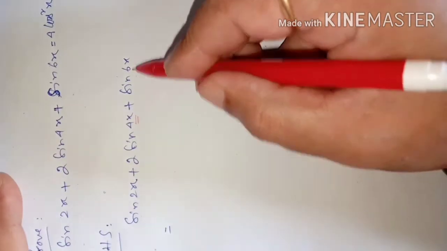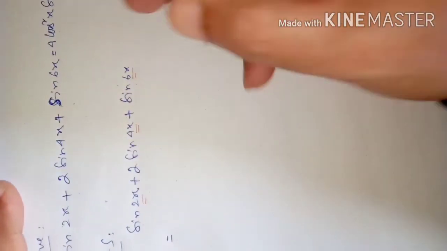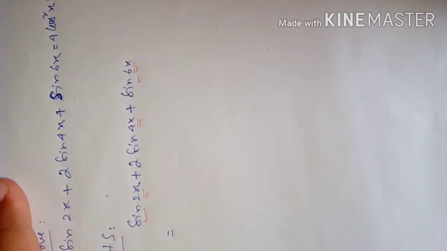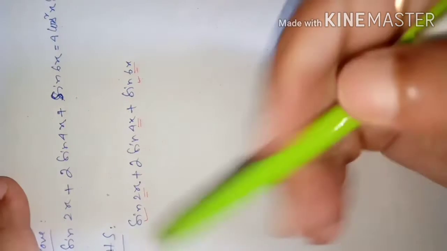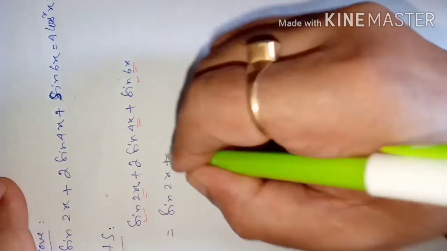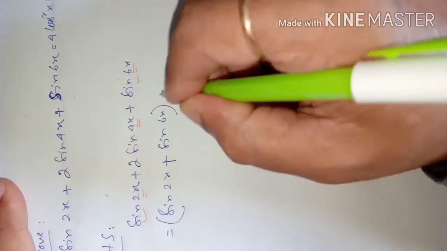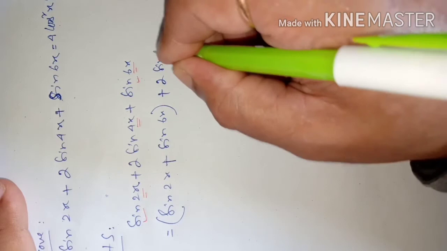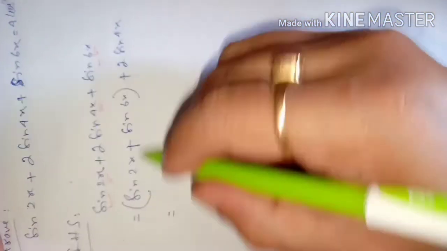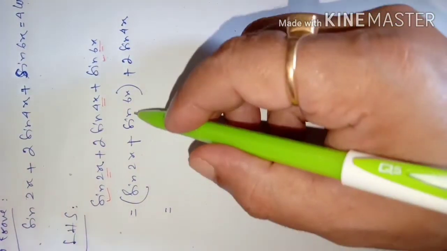So then 6x and 2x we don't need here. So let us combine this sine 2x with sine 6x. It can be written this way: sine 2x plus sine 6x together plus 2 sine 4x. Then sine 2x plus sine 6x is in the form of sine a plus sine b.